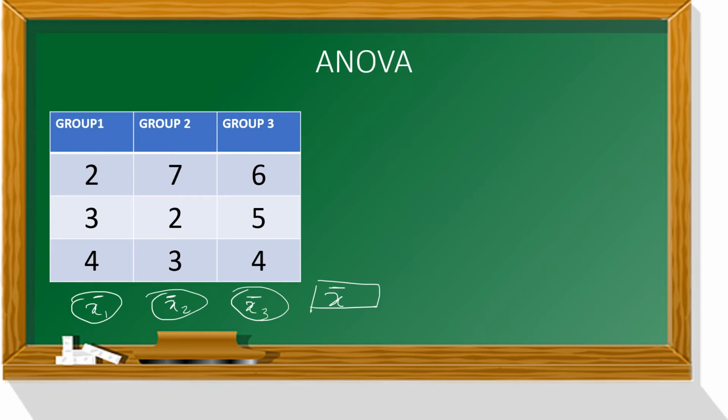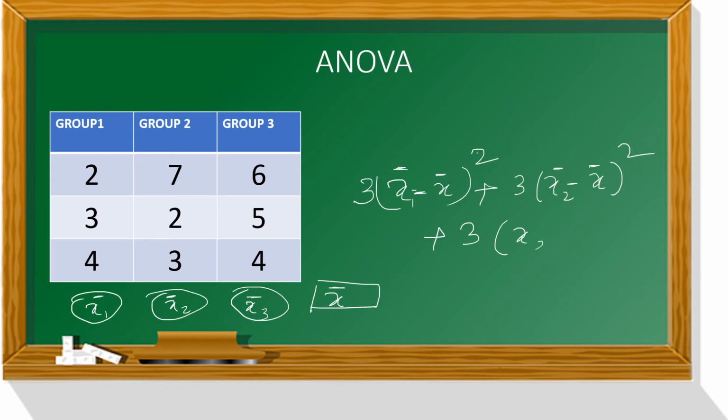We will take x1 bar minus x bar, square it, and multiply by 3 because there are 3 observations, plus 3 times x2 bar minus x bar whole square, plus 3 times x3 bar minus x bar whole square. This is your SSB, the between group variation.